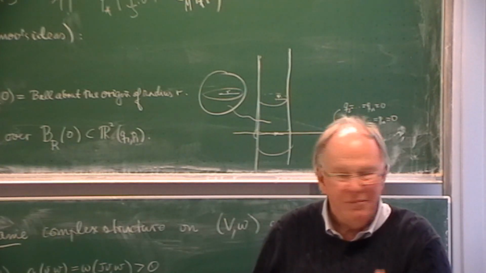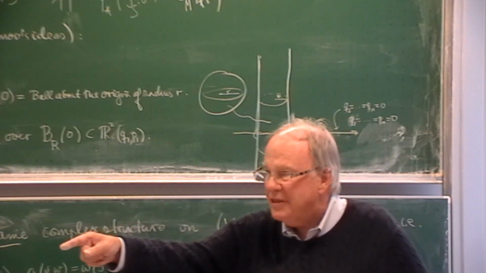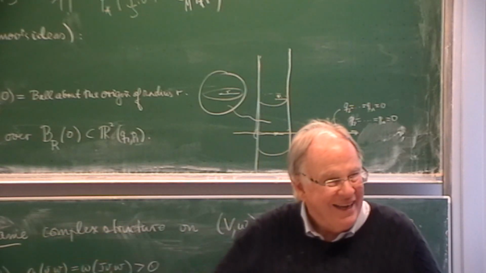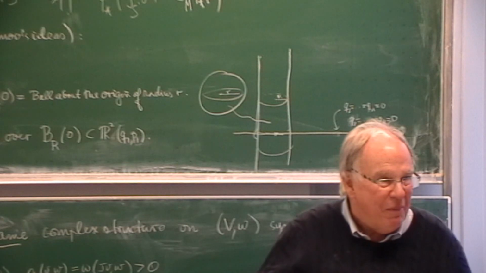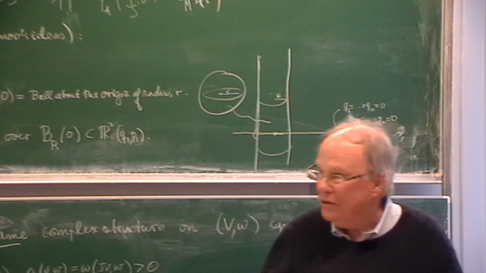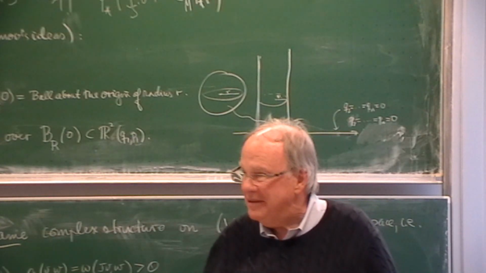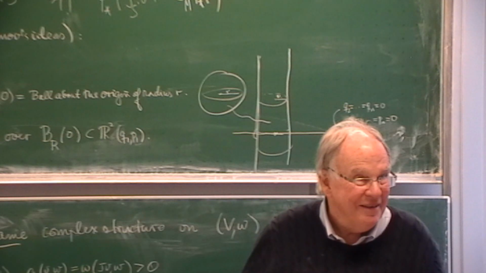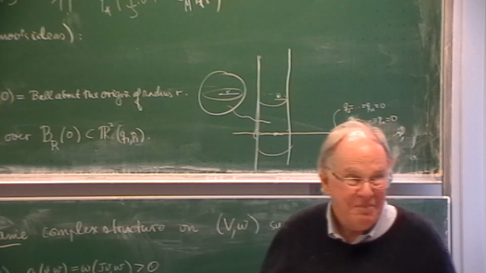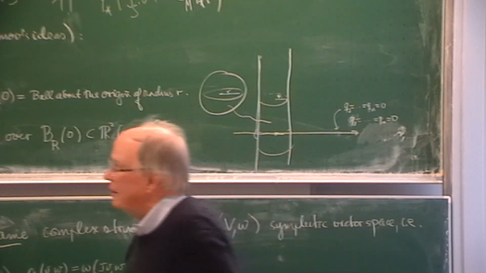I don't have X and I don't have Y. I just have it defined on each tangent space, J squared equals minus the identity. That is not coming from coordinates. Right? And then I ask the question, can I find coordinates to give that? That's a wicked question. That's why I call it a mega result.